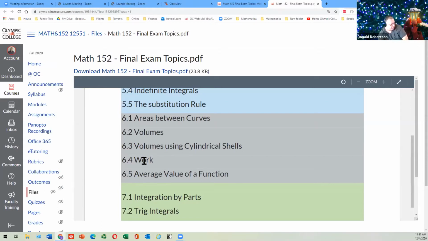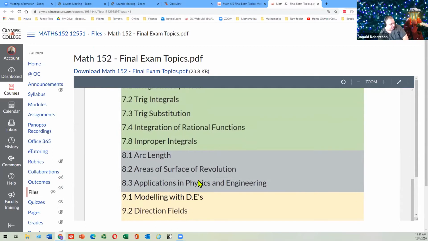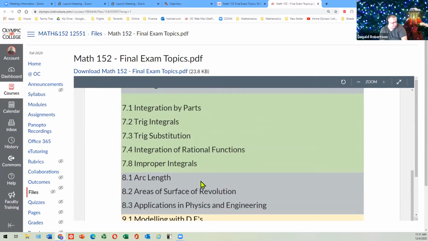Right, moving on. That's chapter 6 done. Chapter 7 is mostly about integration techniques: integration by parts, trig substitution, rational functions, and then improper integrals. So let's show you what that might look like.